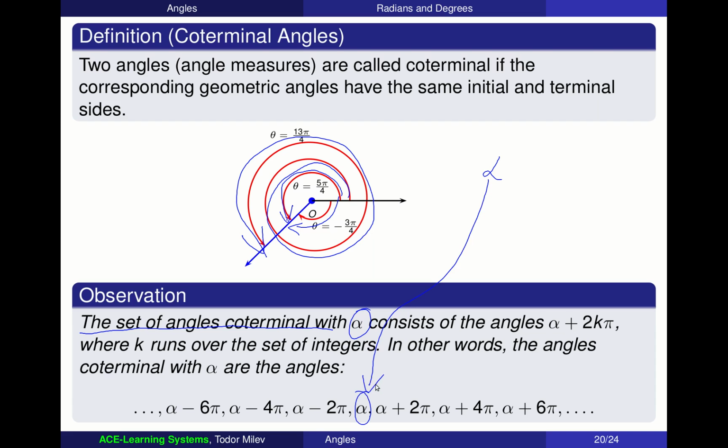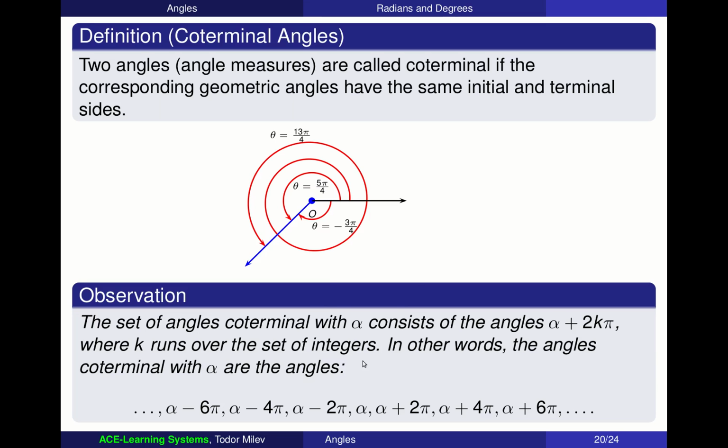To find all the coterminal angles, add all possible even multiples of pi to alpha. Here 2k is an even integer, where k is an integer. So you add all possible even multiples of pi to the number alpha, and you obtain the entire set of coterminal angles.